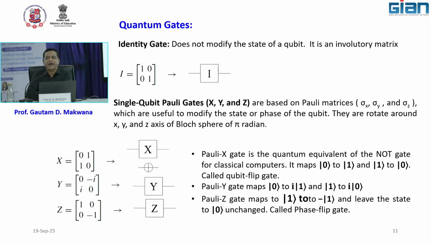Now this is just the idea. What is the qubit, and what are the principles behind quantum computing, quantum mechanics? They are superposition, interference, and entanglement.